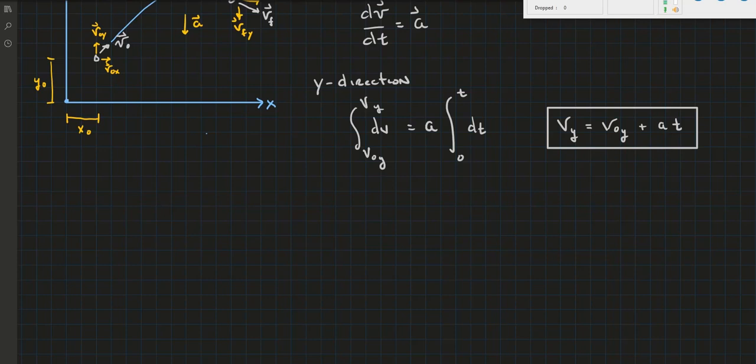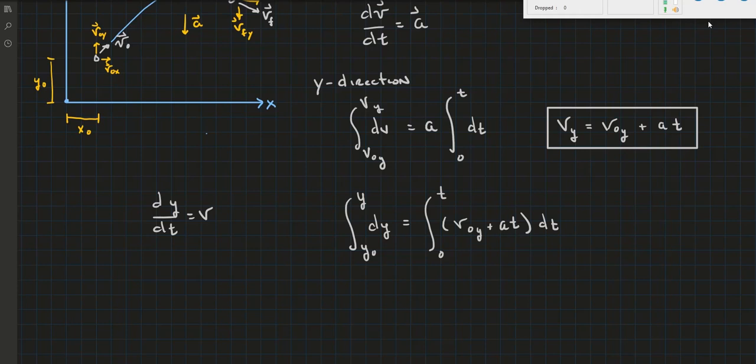Then using dy dt equals v, we'll set up this integration, which will follow again this result, where we're going to substitute in vy here, and we end up with y essentially equals 1/2 a t squared plus v0y times some time t plus y0.